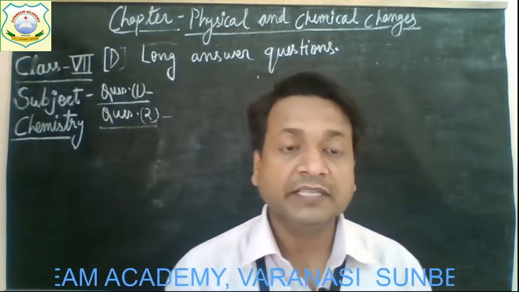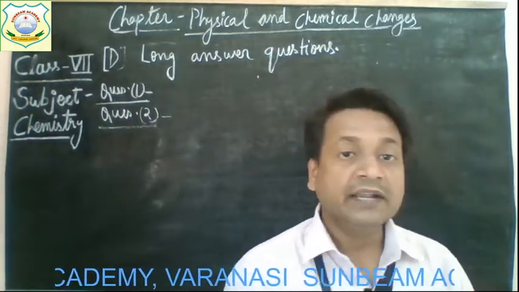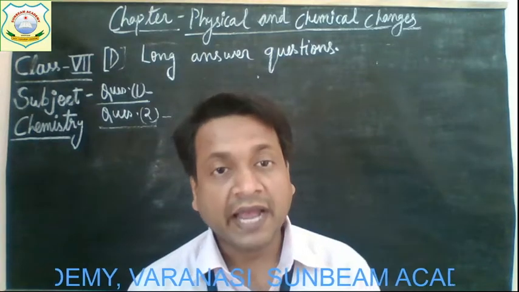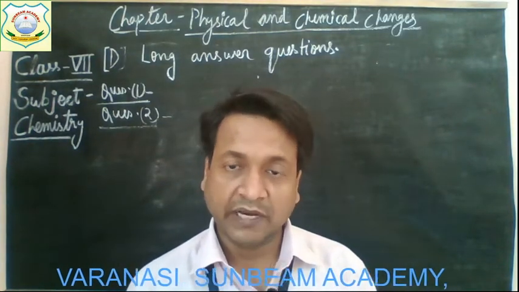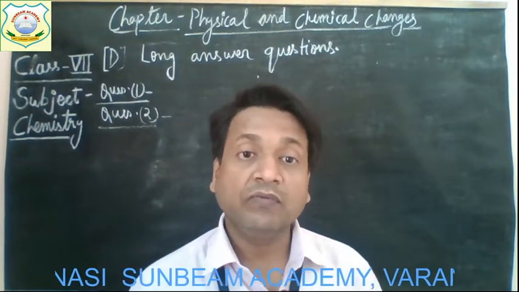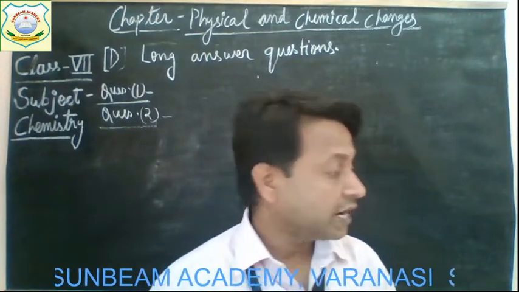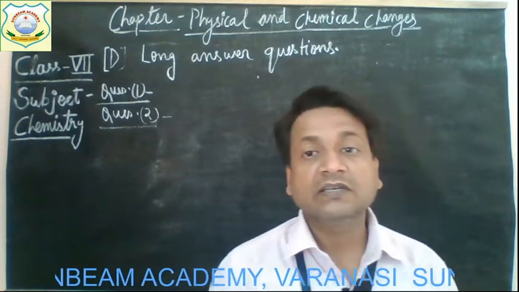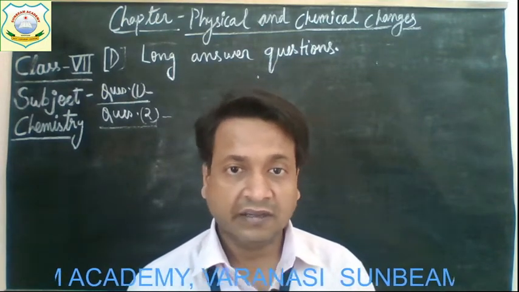Question number 2 is, which gas is given off when dilute hydrochloric acid is added to calcium carbonate? And how will you test the gas? And also write the chemical equations for both the reactions. Get it children?